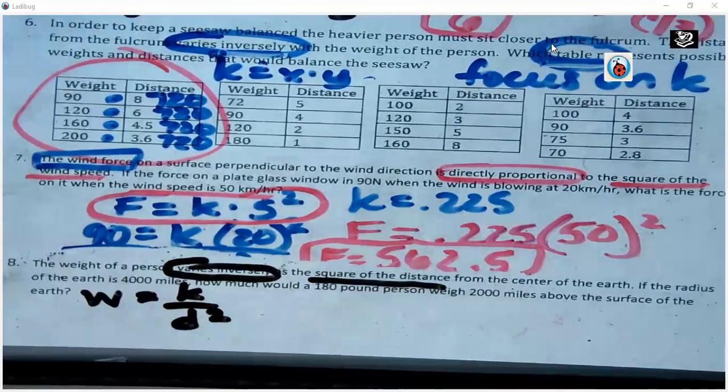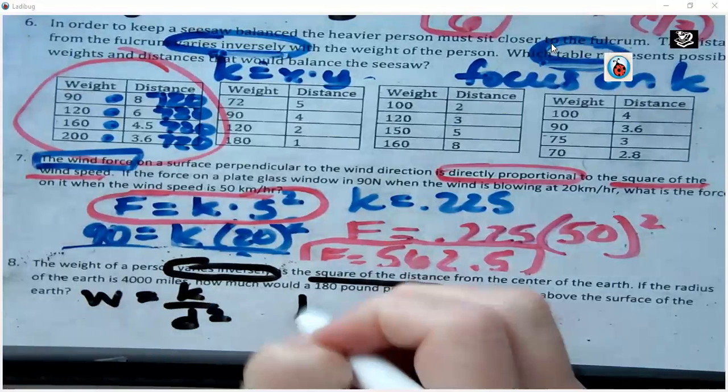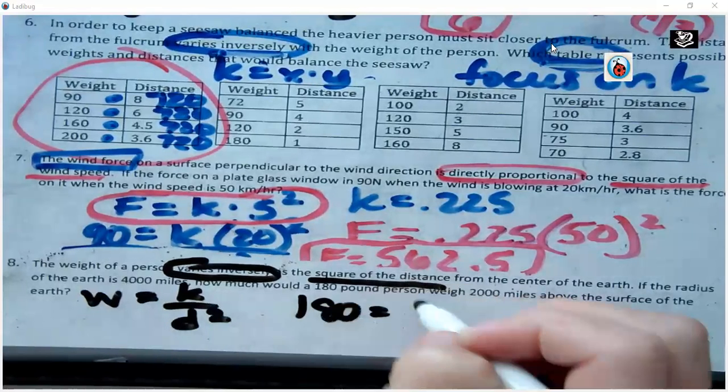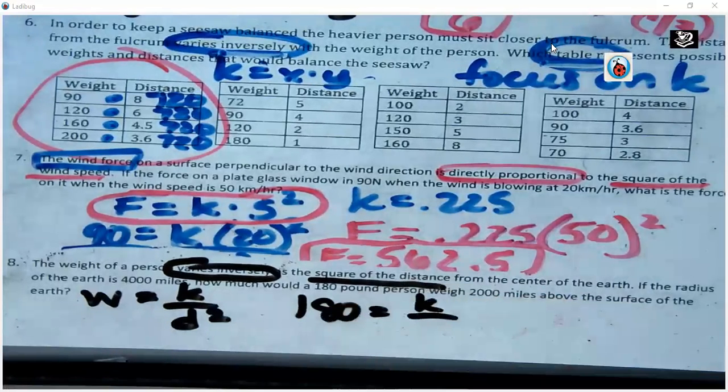What's the first weight they give you? 180 pounds. This one's a tricky problem, very tricky in how it's worded. It's the distance from the center of the earth.